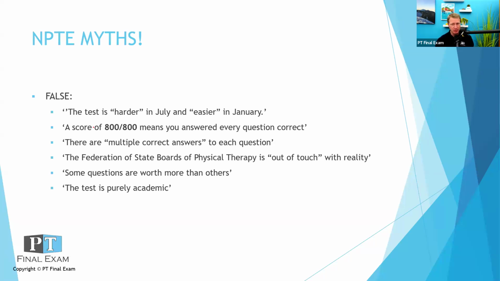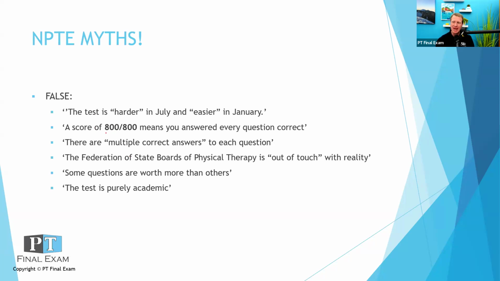Well, it's because fewer people take the test in January and more people take the test in July. That just means the proportion stays the same, but the actual number of people increases for those July test administrations. So it makes no difference whether you're testing in July or January or April or October. The test will be exactly equal in each of those instances.